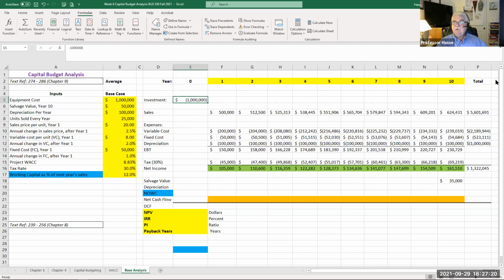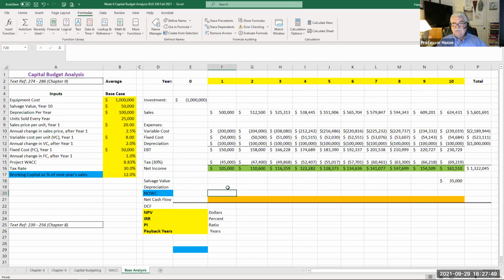We paid $1 million, we're depreciating it over 10 years, 100,000 a year. Then our purchasing people estimate that we can dispose of this asset in year 10 for 50,000. Because we fully depreciated it over 10 years, that's a taxable gain. We have to take 30% off that 50,000 as tax on that gain, so we end up with a net 35,000 in that 10th year as cash coming in after net income.